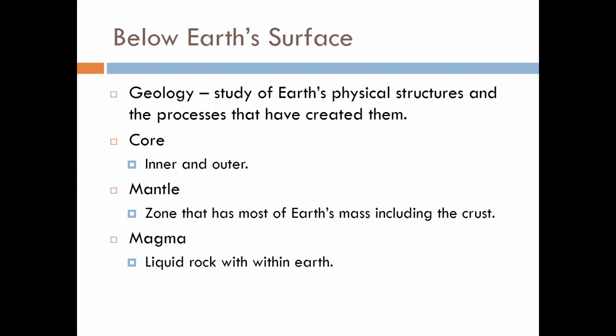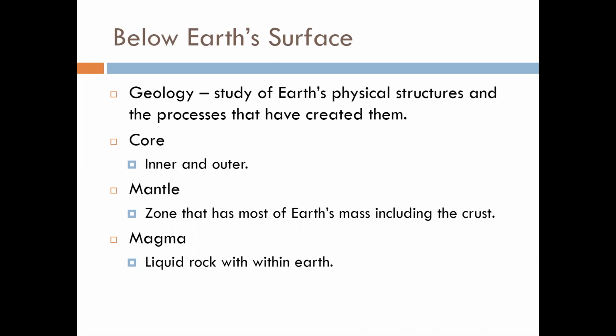So I want to get us started with what makes up the Earth. First we have the core. There is an inner and outer core to the Earth. That is the innermost part of Earth. Then moving towards the surface, we have the mantle.